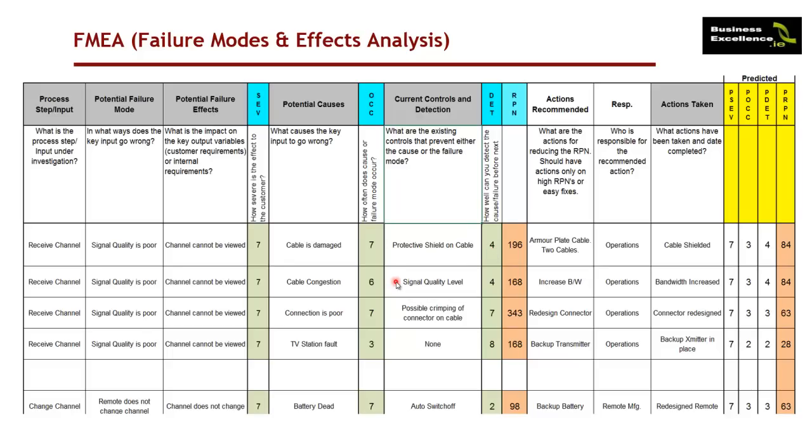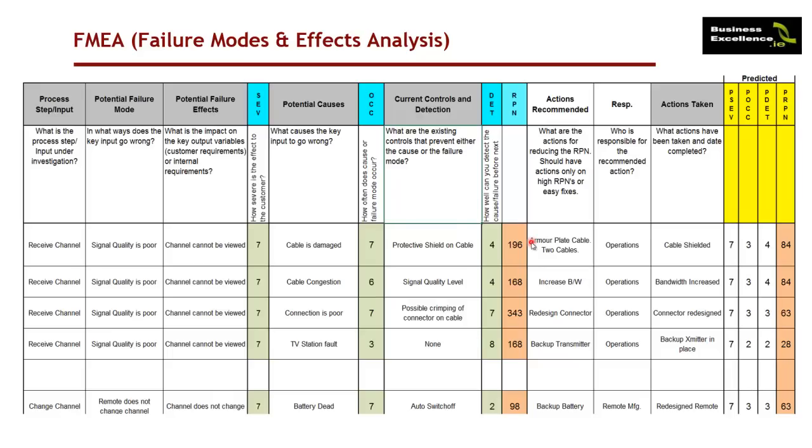In terms of cable congestion, the only thing we have is that we can measure signal quality. We give that a 4. For the connection, the only possible detection or control we have is a possible crimping of the connector. We give that a 7. And then TV fault, well, there is probably no way we can actually detect that, so we give that an 8.